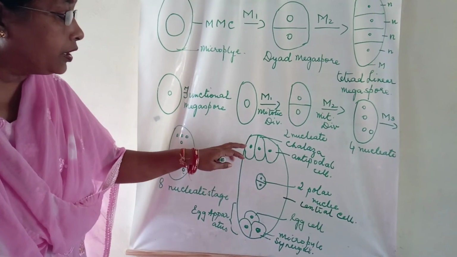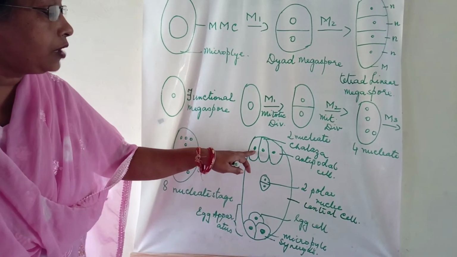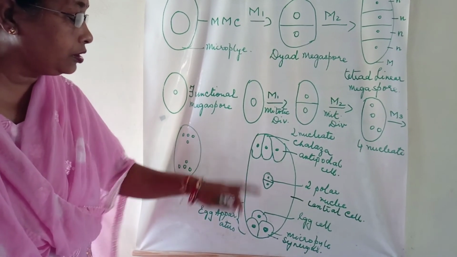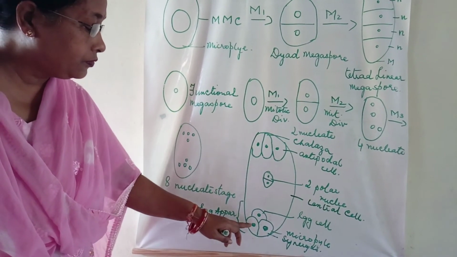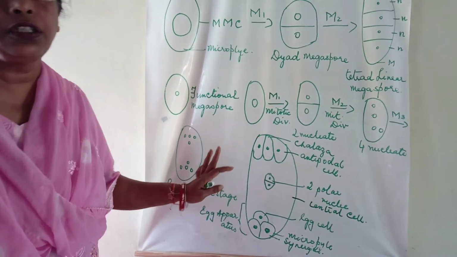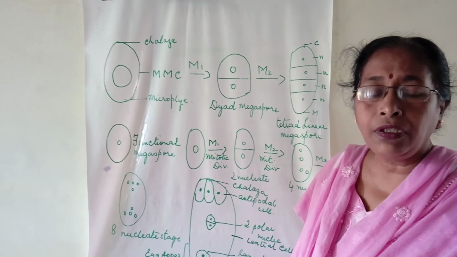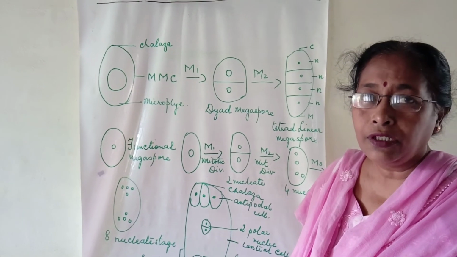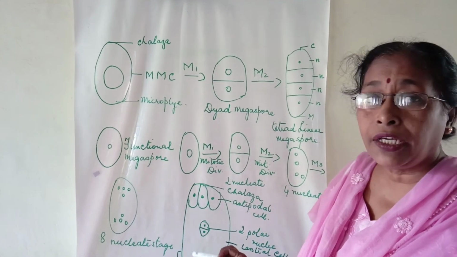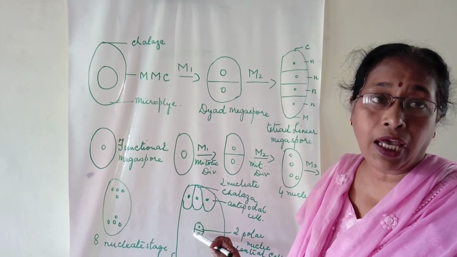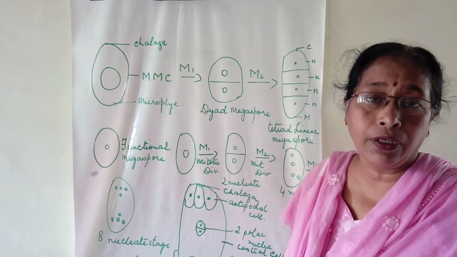And 8 nuclei. Here you see the antipodals, 1, 2, 3, 4, 5, 6, 7 and 8. Eight nuclei are there. So students, a typical angiospermic embryo sac which consists of 8 nuclei and 7 cells is known as the polygonum type of embryo sac.